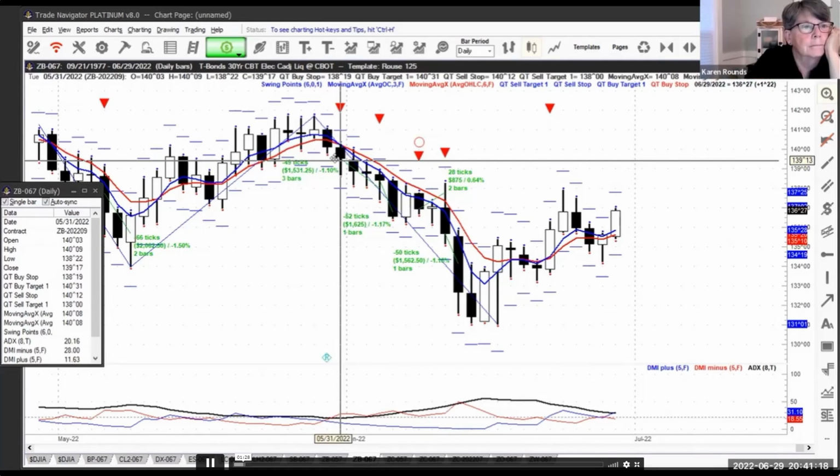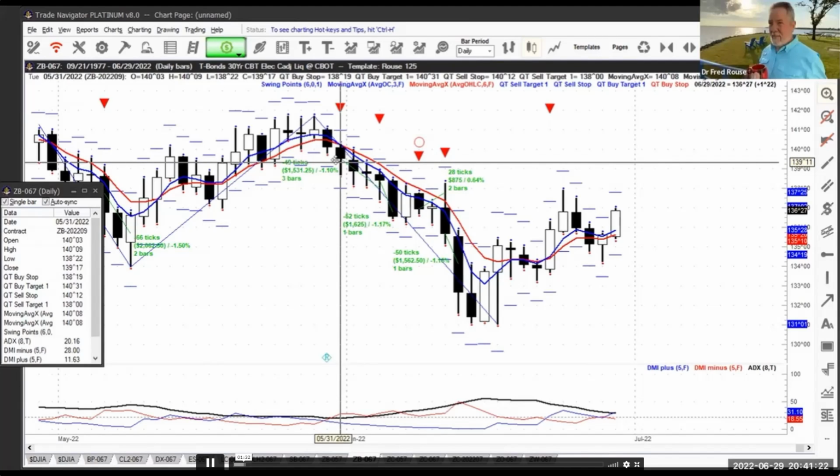And the low of that bar is 138.22. We're on a 30-year bond chart, so if you've got your trade nav open, you can follow along on that directly. But there's the low, and it went through the support area.